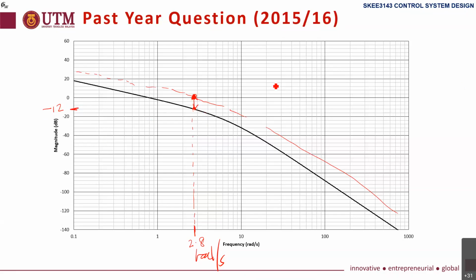So that becomes 0. That means 20 log K1, I use K1 here, equal to 12. We want to add 12 dB.